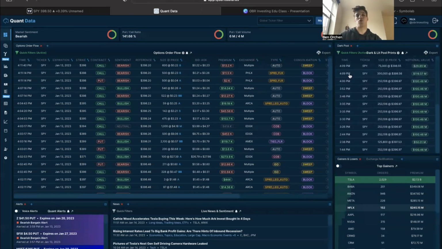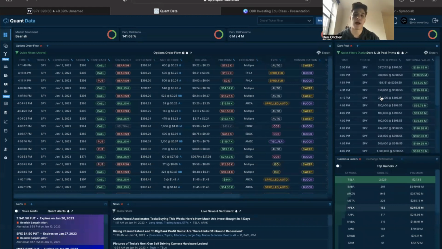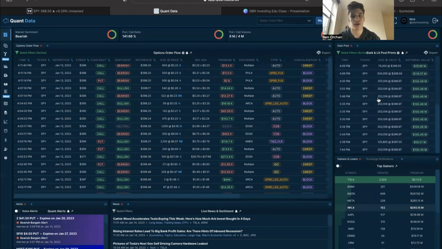But typically these come in throughout the day. When you pull this up in the morning at 9:30, you'll probably see nothing, maybe a few pre-market orders. But throughout the day, if there's volume in the market, it'll tend to stack up like it did here on the last Friday session yesterday.